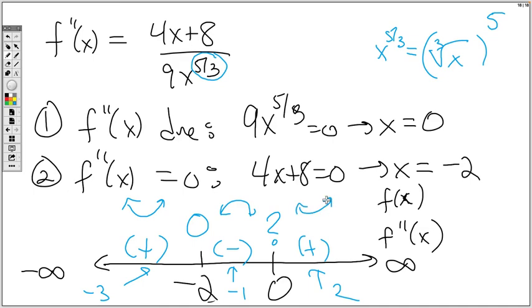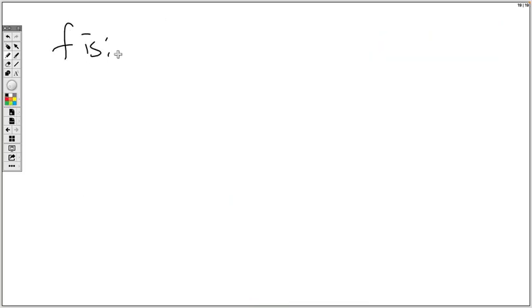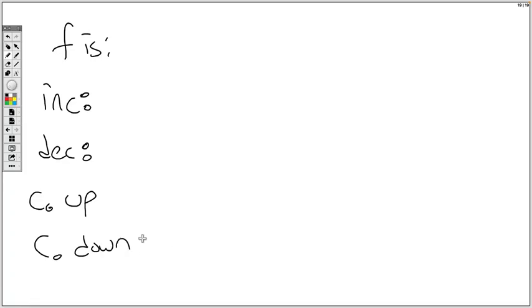So now let's write down all the information we've gathered from these and try to piece together the graph. So we've got increasing, decreasing, concave up, concave down.